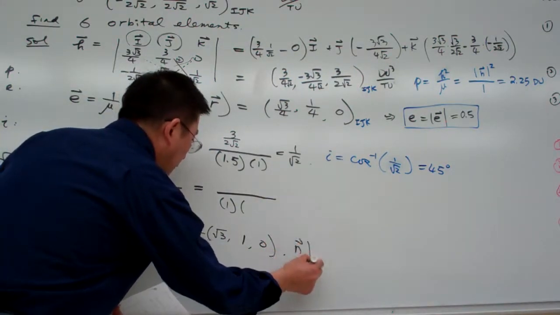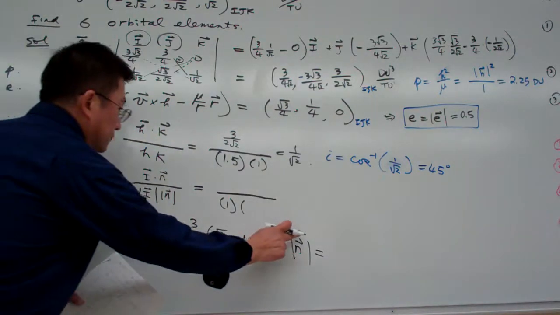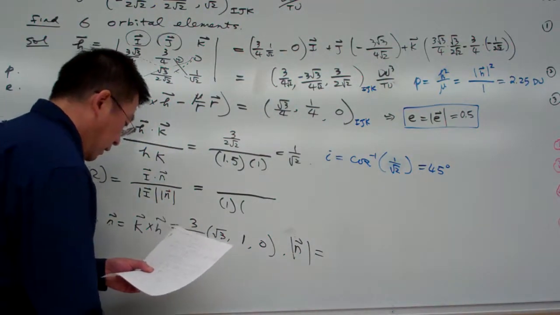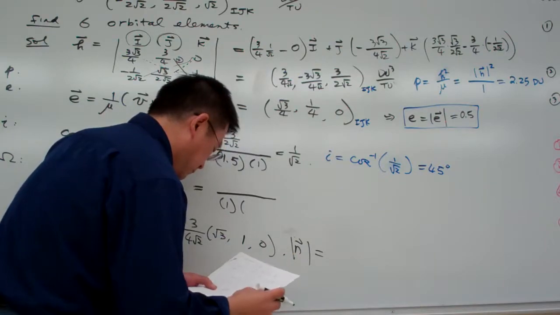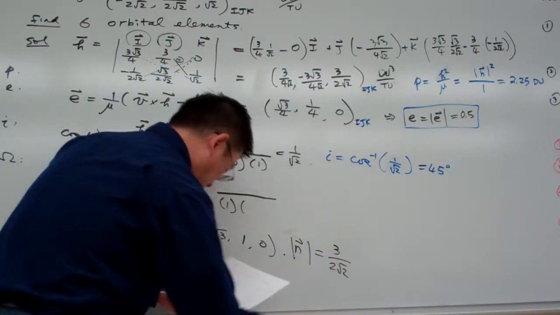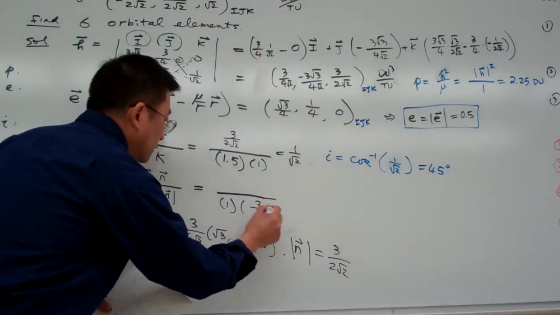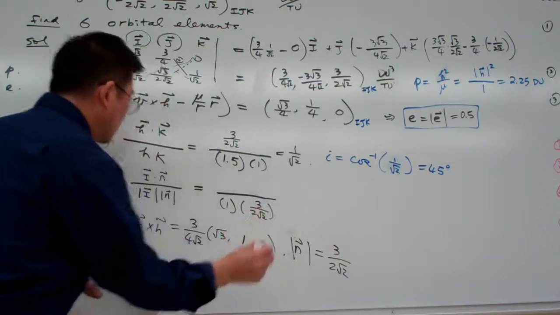So therefore n has the magnitude equal to 3, 2, square 2. Okay. So here is 3, 2, square 2.